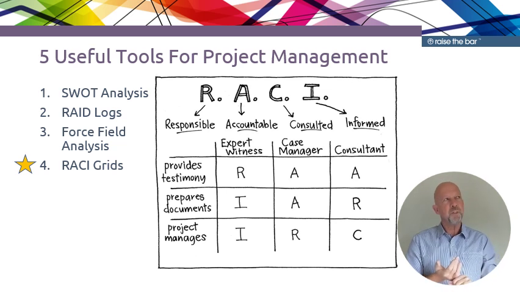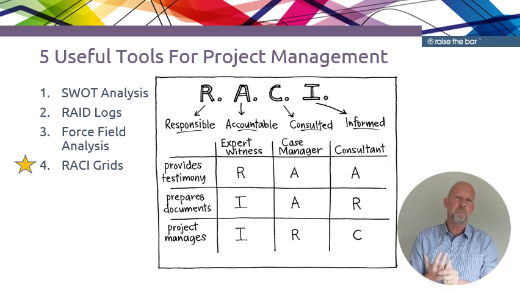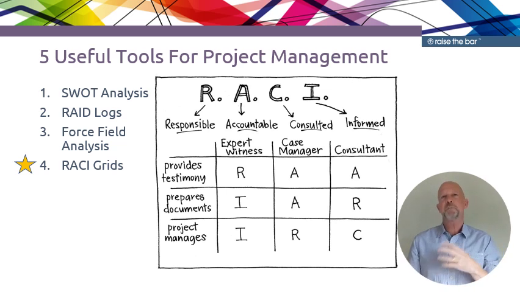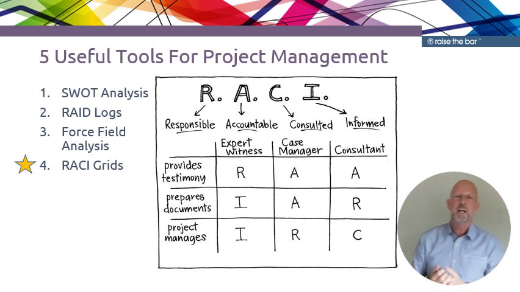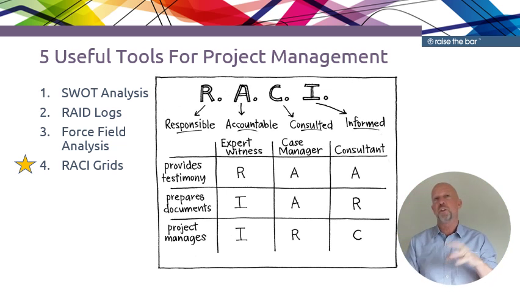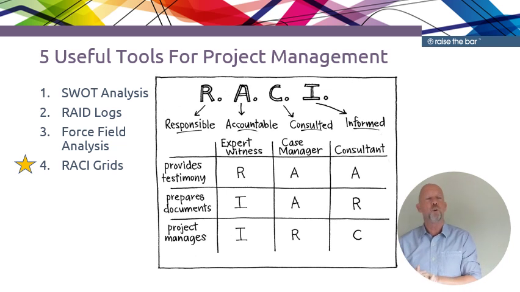Consulted, these are people who are affected by the project or who have expertise or input to the project. So often we have subject matter experts who are involved, and we need to make sure that they're consulted at the right stages in the project plan. And then the fourth one, the I, is informed.